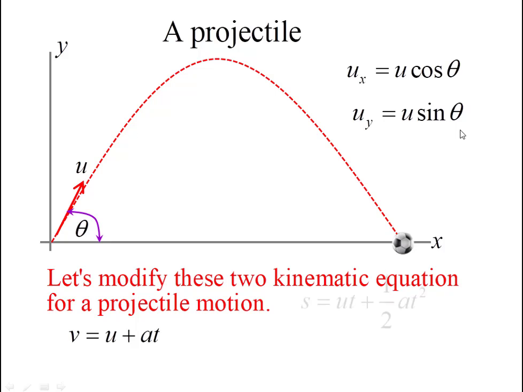Let's modify these two kinematic equations for projectile motion. Since we have started talking about kinematics, the study of motion, the final velocity is initial plus at, and the displacement is initial velocity times t plus a half at squared. These are very fundamental kinematic equations that we are going to modify so that they become appropriate for projectile motion.